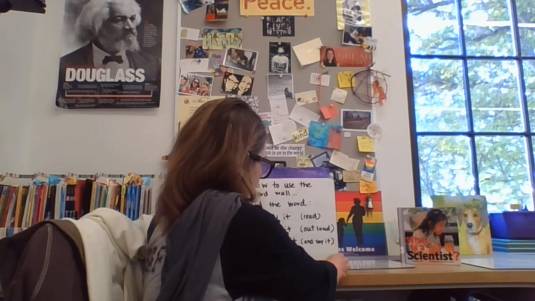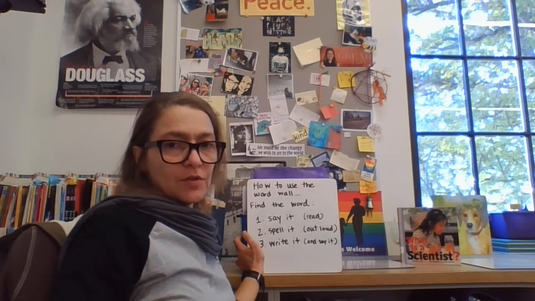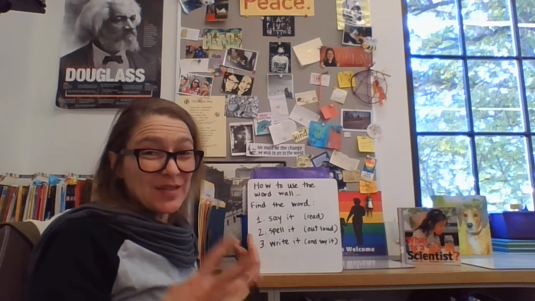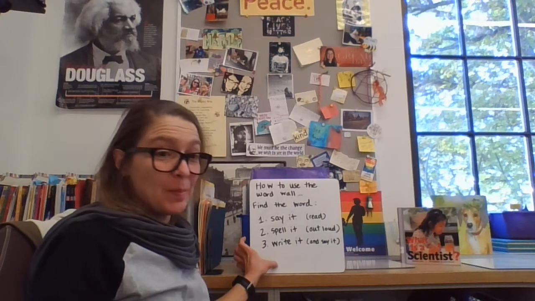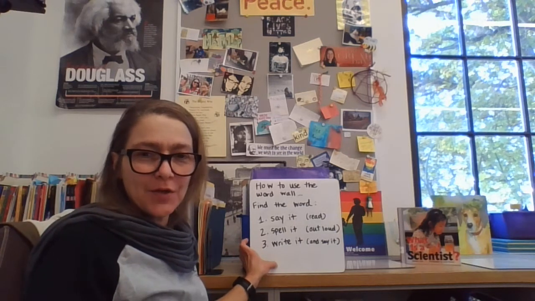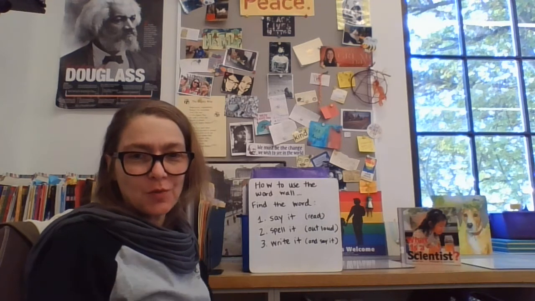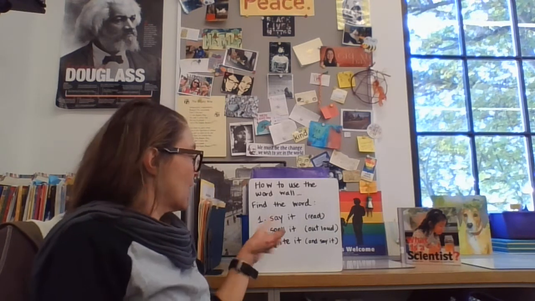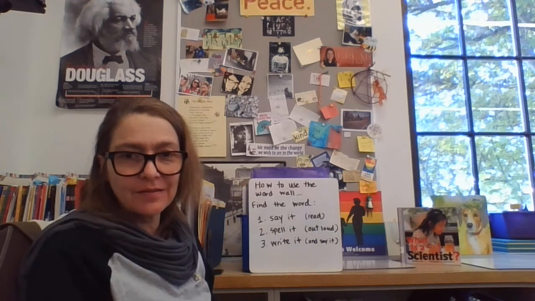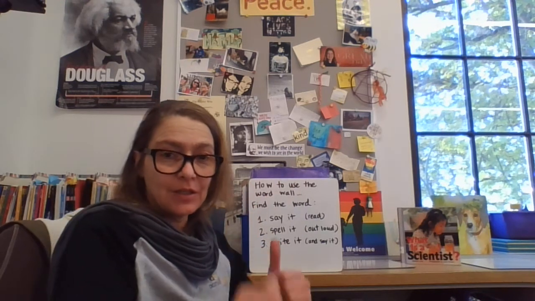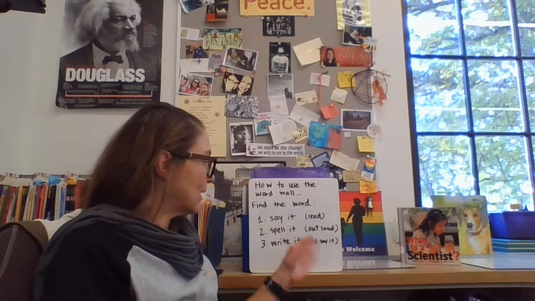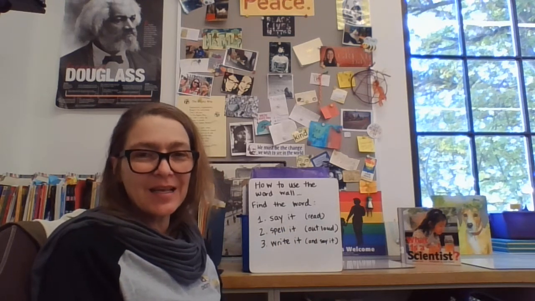Research shows that when you do things three times, you get better at it, and it's easier to remember than just doing something once or twice. Think of saying it as the walk, the stroll, spelling it as starting to get ready and jogging, and then writing it the third time as the run, and now you're an expert.